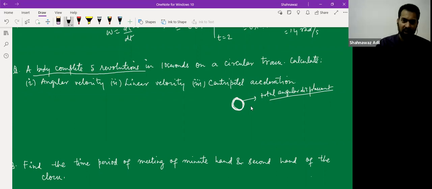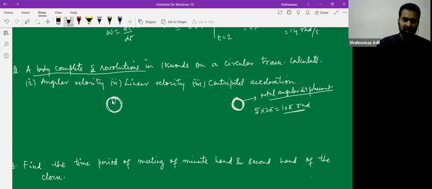So for one revolution, how much angle does it cover? 360 degrees, which means 2 pi, right? So for 5 revolutions, it will complete 5 into 2 pi, 10 pi radian, right?